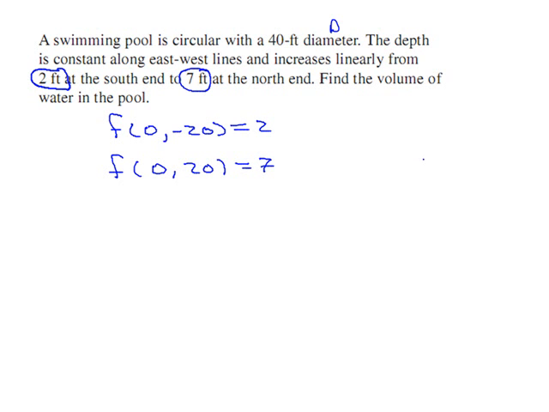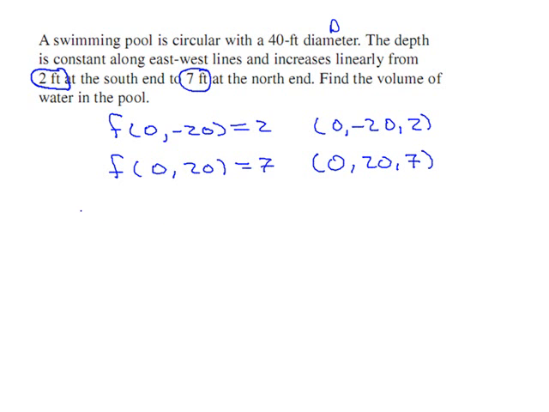F is independent of x. We can create a trace in the yz plane, which is the line segment from the point 0, negative 20 to the point 0, 20.